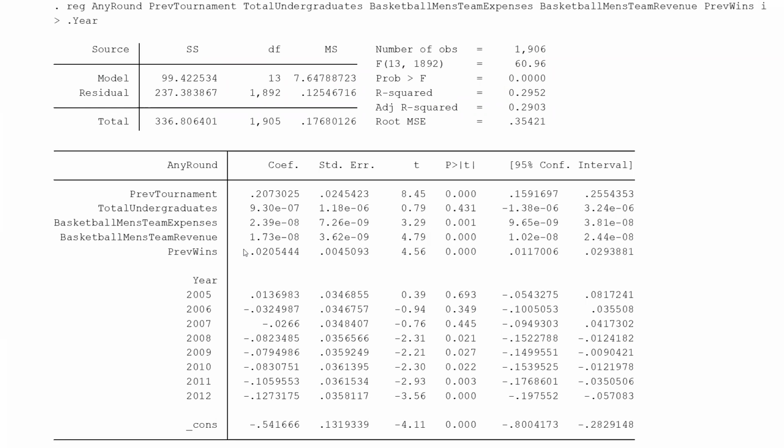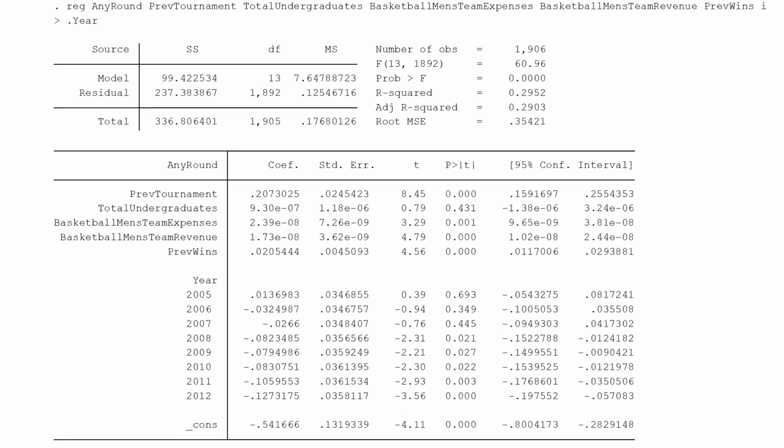And now the interpretation is we're comparing more apples to apples. Two schools that either both previously made the tournament or both previously didn't, same number of total undergraduates, same amount of revenue, same number of wins in the previous year, and we're looking at the same year for these schools, but one of them spends $1 more on their basketball program.